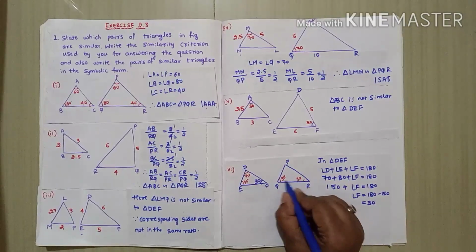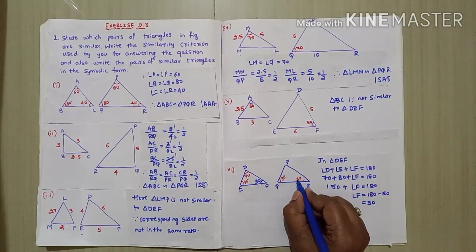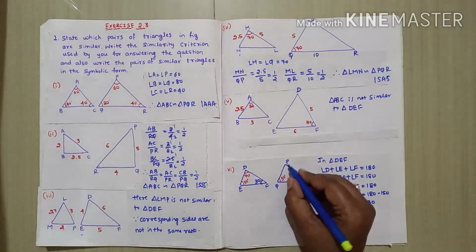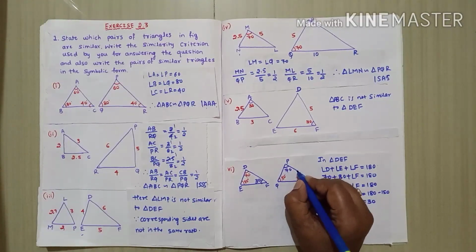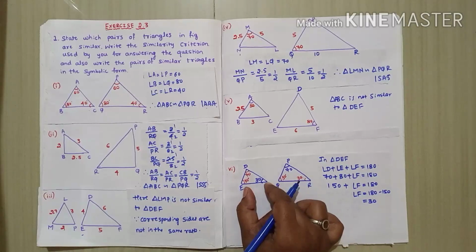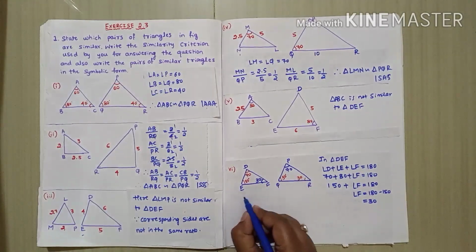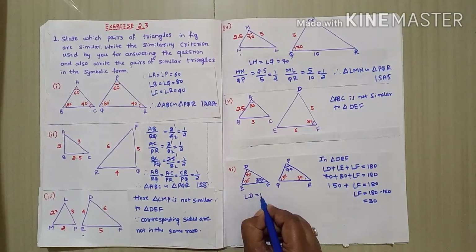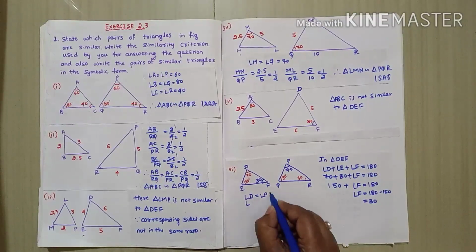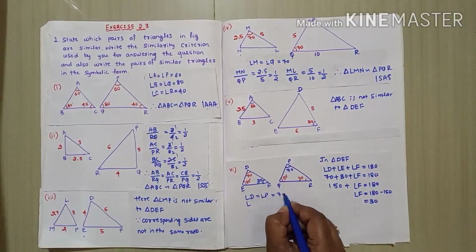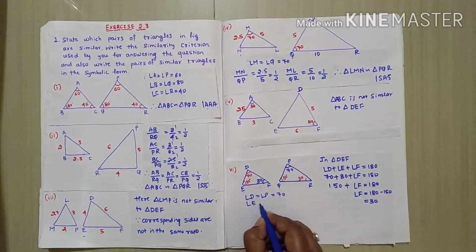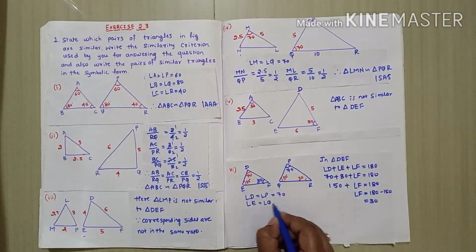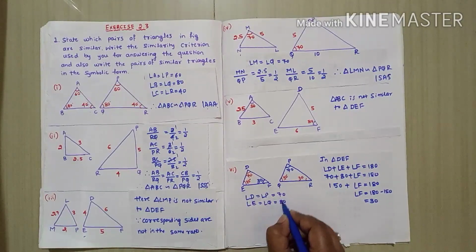Here also, 80 plus 30 is 110. Sorry, not 120; 80 plus 30 is 110. The remaining angle will be 70 degrees. Now you see all three angles of one triangle are equal to all three angles of the other triangle. So angle D is equal to angle P is equal to 70 degrees. Angle E is equal to angle Q is equal to 80 degrees.